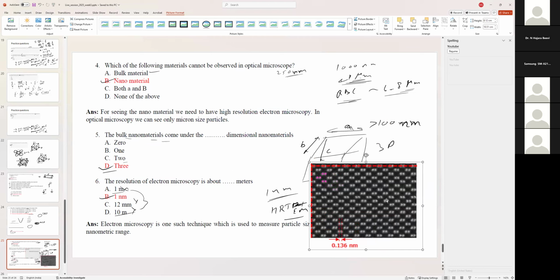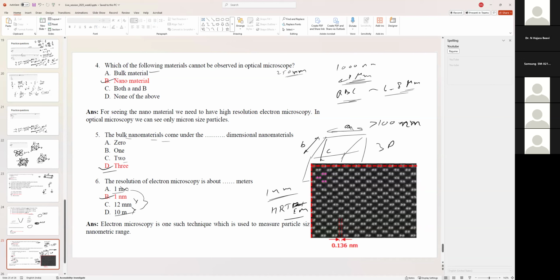In this image, I think this is silicon. Yes, in silicon, you can see the dumbbell shape. These are individual atoms, and the spacing between them is around 0.1.